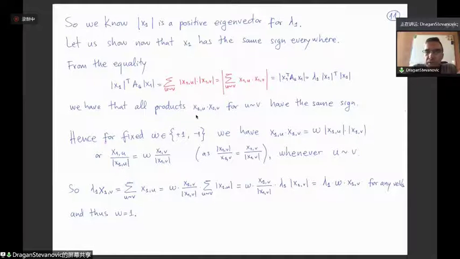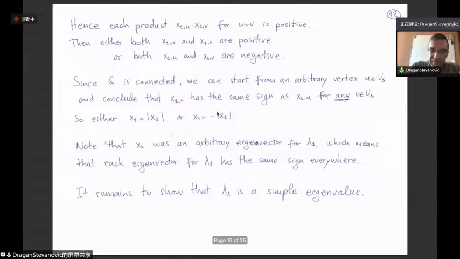So actually, all the products of components of neighboring vertices are positive. Not positive or negative, they must all be positive. And then it means that either both components are positive or both components are negative. But then again, our graph is connected, and over here we have the claim which relates to neighboring vertices.